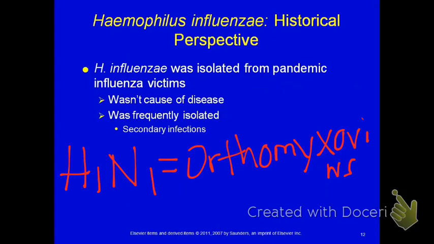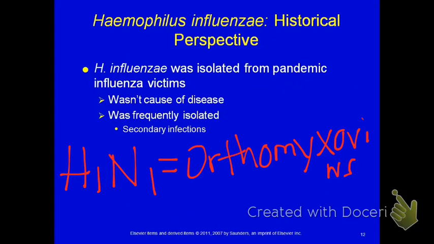Now, as a result of being infected with a viral infection, there's a chance that these people who got infected would have a secondary bacterial infection. The secondary bacterial infection would most likely be caused by Hemophilus. But it is not really the Hemophilus that caused the H1N1.